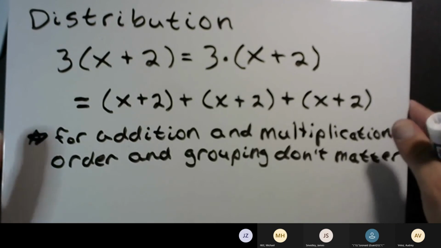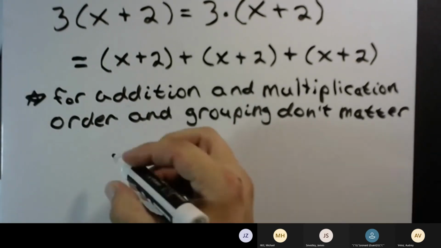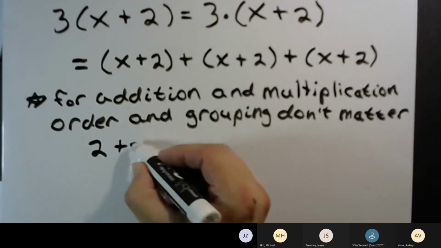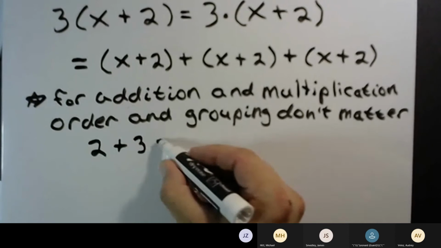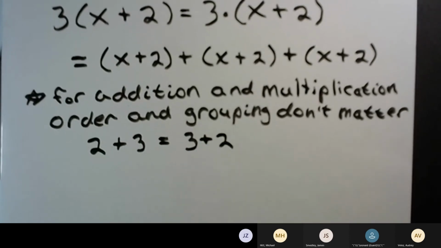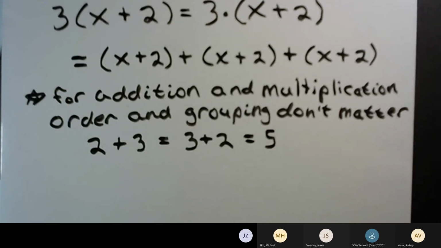To show what I mean, and I don't mean to sidetrack too much, but if you take 2 plus 3, that's the same as 3 plus 2. Regardless of the order, you're always going to get 5.